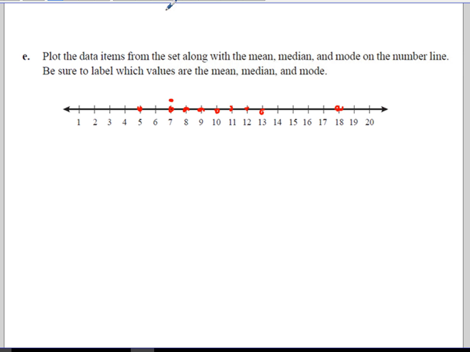We have the mode here being at 7. We had a mean or an average of 10.